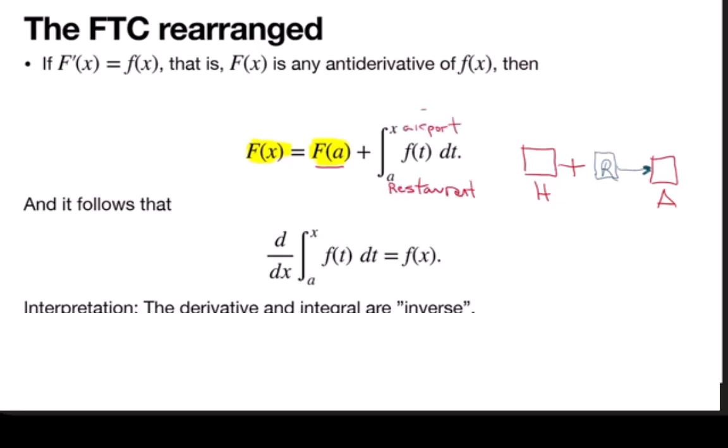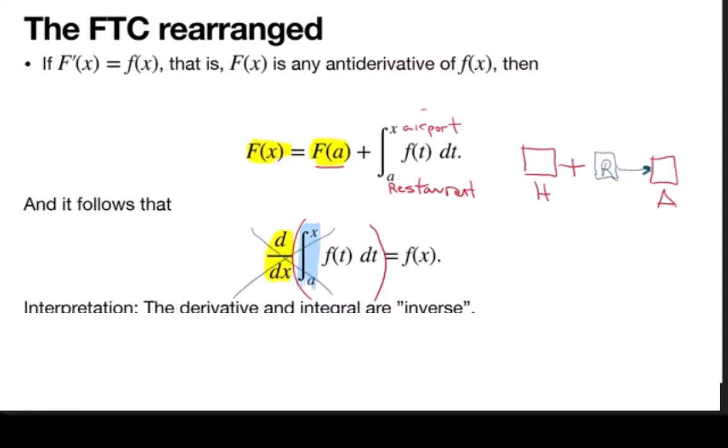Now, this right here is a really handy tool. I don't think we're going to use it much in this class, but what it says is that if I take the derivative of this function, which happens to be the integral, notice that it does exactly what inverse functions do. They cancel each other out, and I end up with f of x.